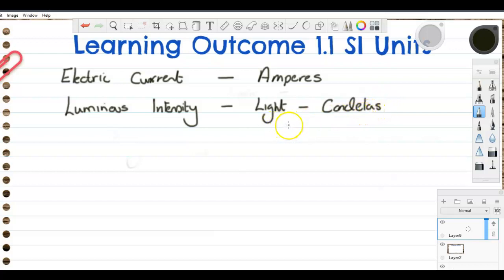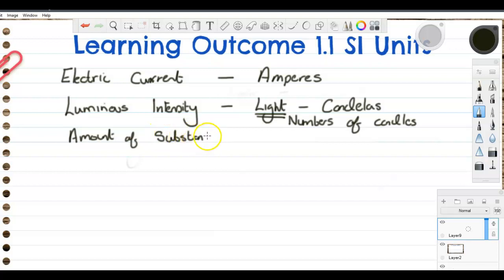Candelas are roughly the number of candles that need to be burnt to get that intensity of light. We have an odd one, which is the amount of substance. And this is measured in mole. I don't know why it's measured in moles. I don't know if they go hunting for them or dig them out of the ground or whatever they are. But that is what it's measured in.